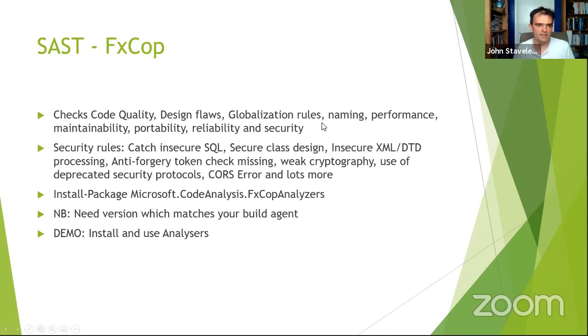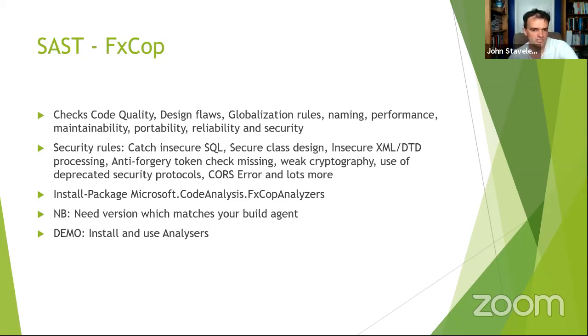So first up, fxcop. It checks for all of this stuff: code quality, design flaws, naming, performance, maintainability, portability, reliability, and the one we're interested in, security. In terms of security rules, it can look for insecure SQL, bad class design, insecure processing of HTML or data definition documents.